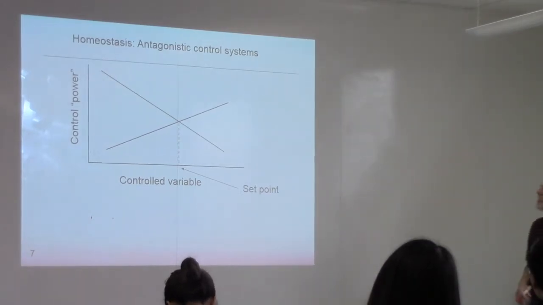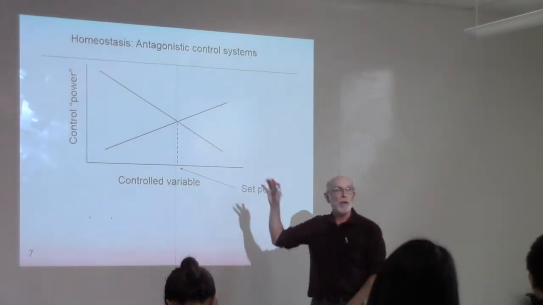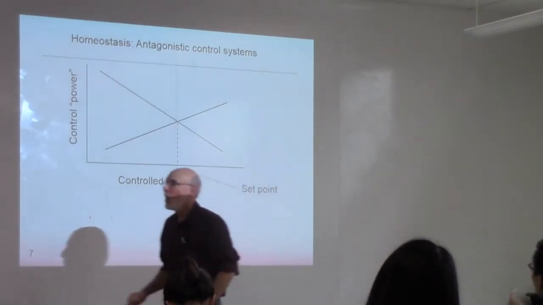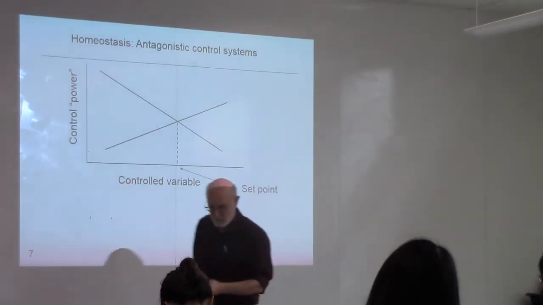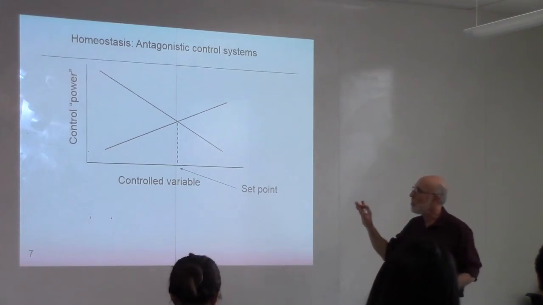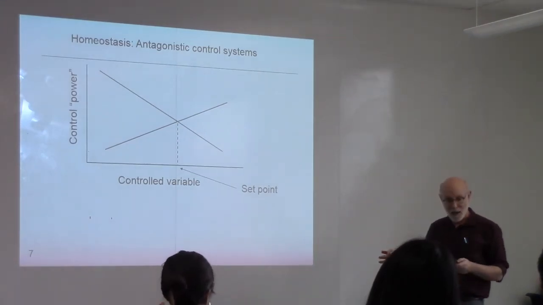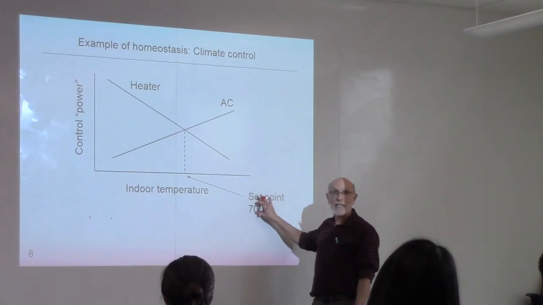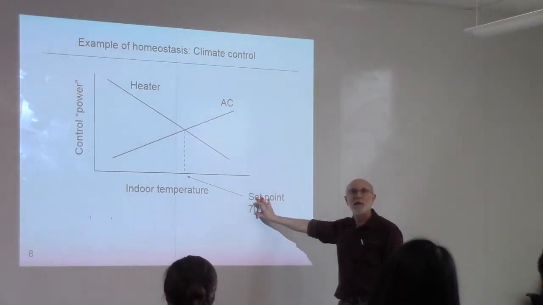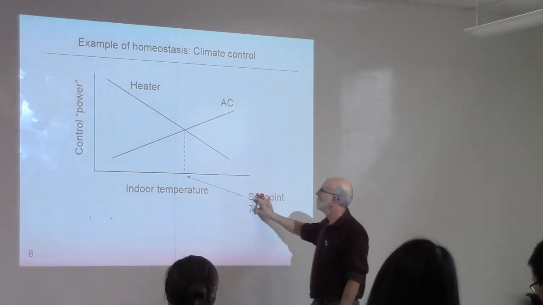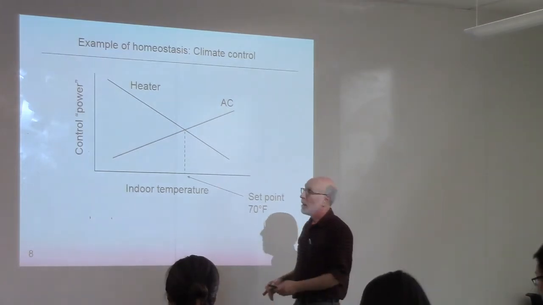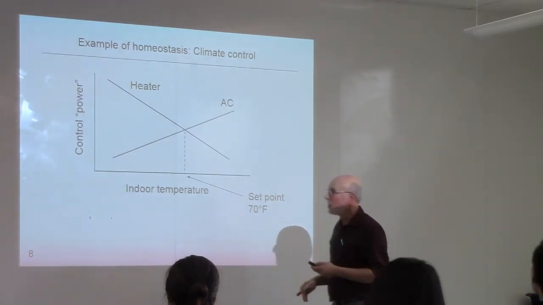So let's talk about homeostasis, control of a system. I find these things helpful. So for example, if we have a set point in this room, there is a controlled variable, the temperature in this room, and it's moderately well controlled.